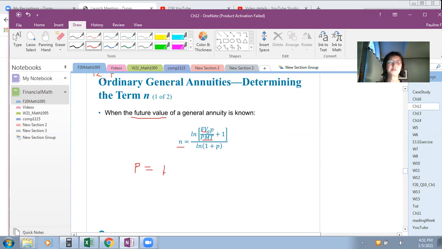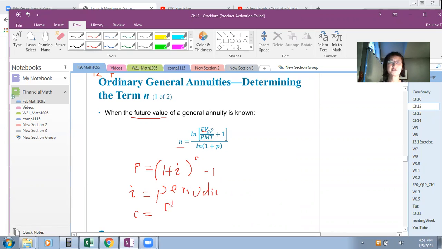P equal to 1 plus I raised to power C, minus 1. And what is I? I is the periodic rate of interest. And C is number of compounding per payment period.